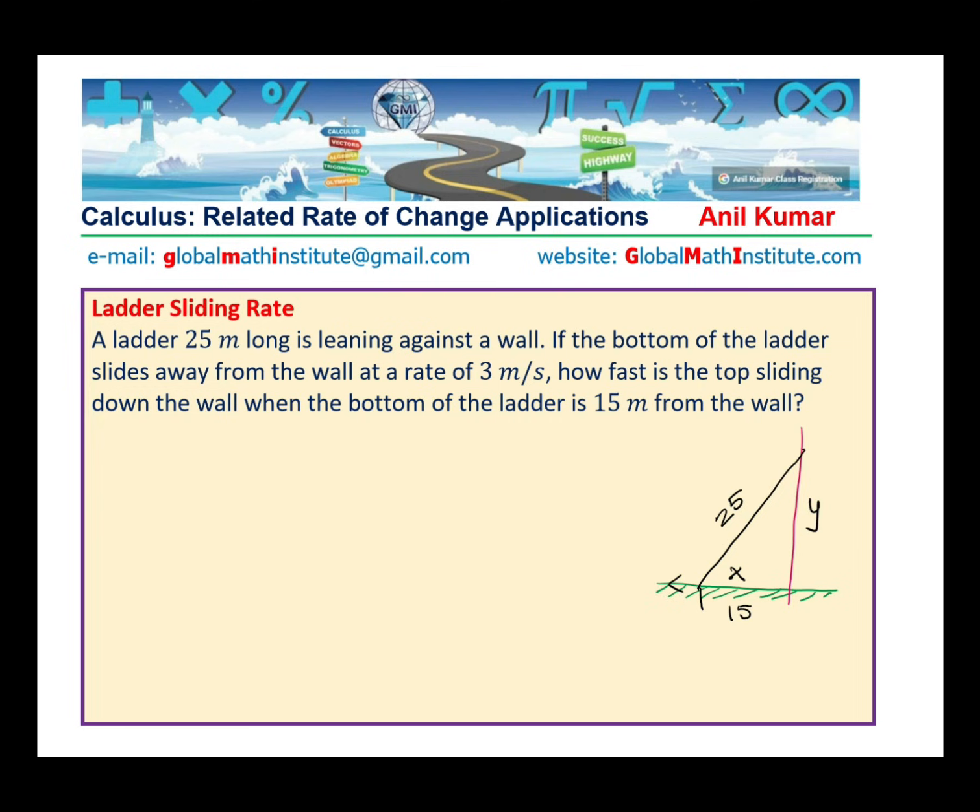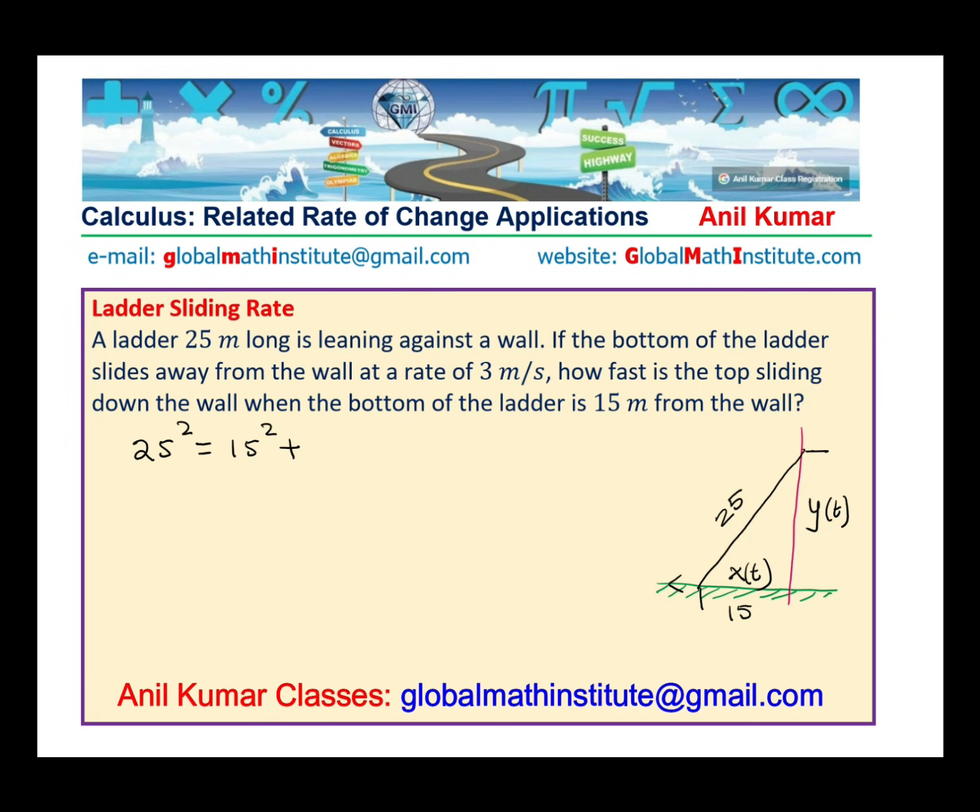Now both are functions of time as they are sliding with time, so we can always write this as x(t) and y(t). But at the given instance, when 25 is the length, what is the value of y, right? So at this instance, we can find 25 squared is equal to 15 squared plus, let's call this, y squared.